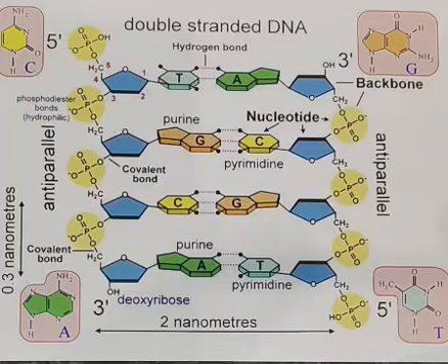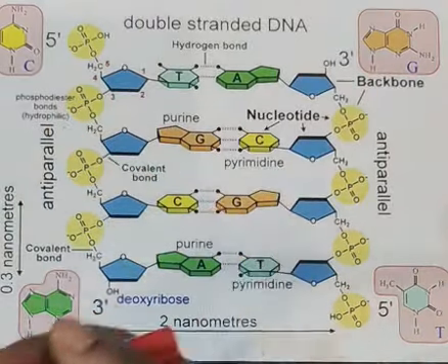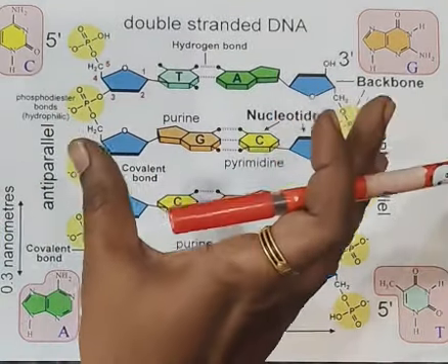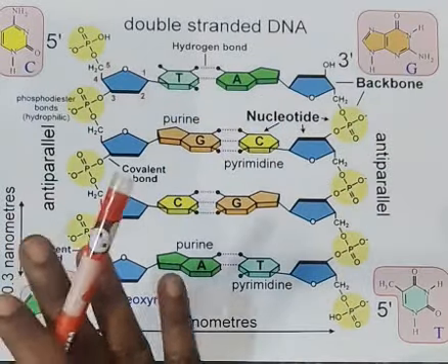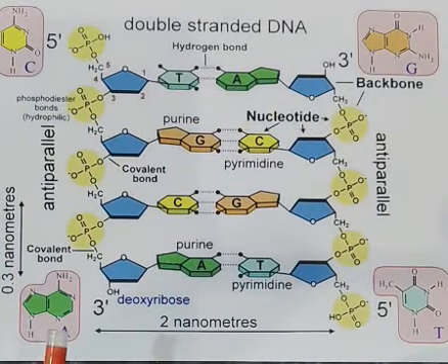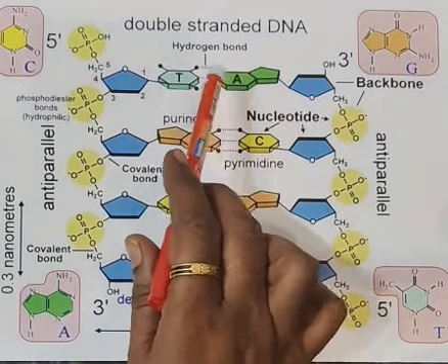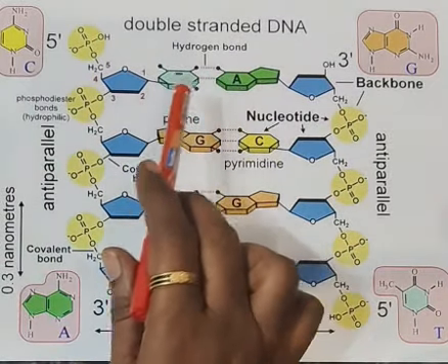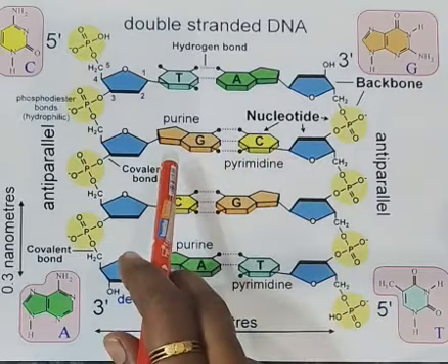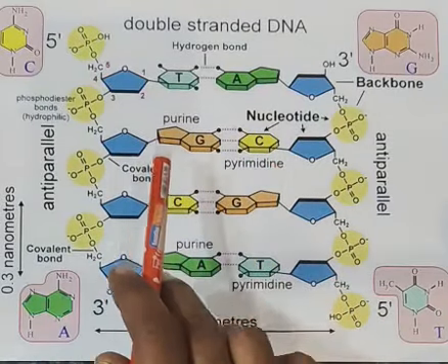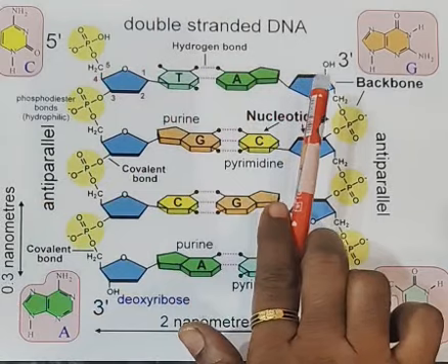So stability is the problem, and the functions of DNA like replication and transcription also have problems if the distance between the two strands is not going to be uniform. That's the reason nature has selected purine-pyrimidine base pairing or pyrimidine-purine base pairing, so that there is a uniform distance between the two strands.